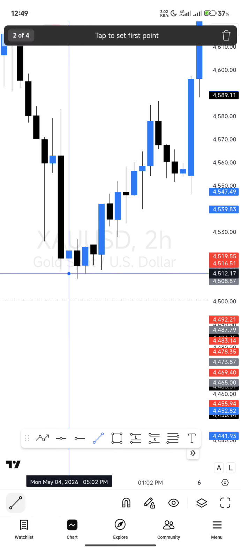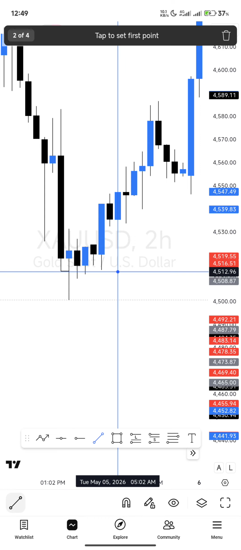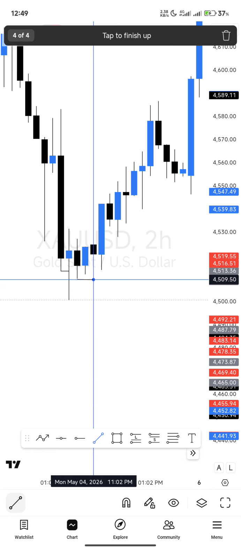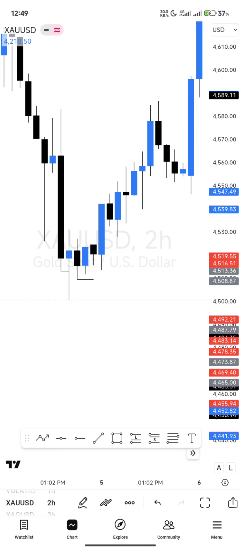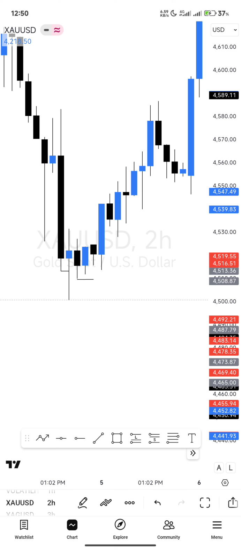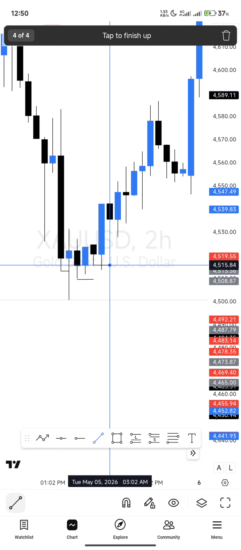We have these lows that were swept out, but then price did not close above the bearish candle, which is our valid order block. We also have these lows that were not swept out. Also, price did not close above the bearish order block, right? And then we had these lows that price eventually swept out, and price closed above it.